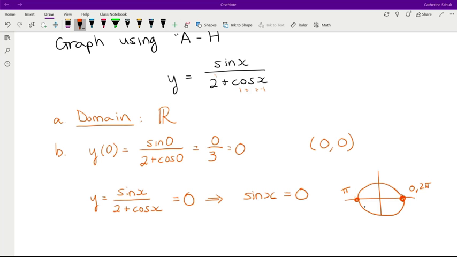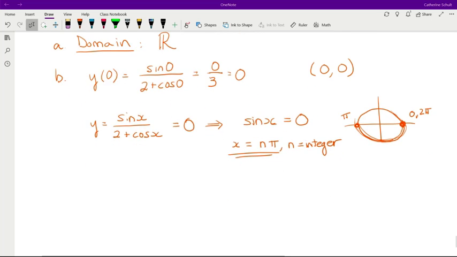So 0, pi, 2 pi, 3 pi, 4 pi, and then also reverse, negative pi, negative 2 pi, et cetera. So we're going to have an x-intercept at all the multiples of pi, where n is an integer. All right, so we'll have to remember that one.